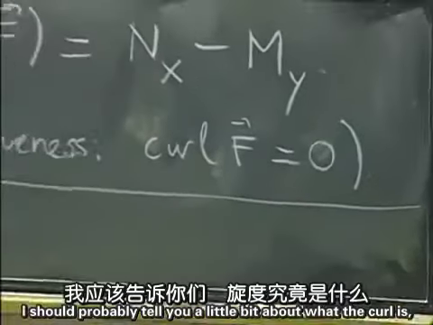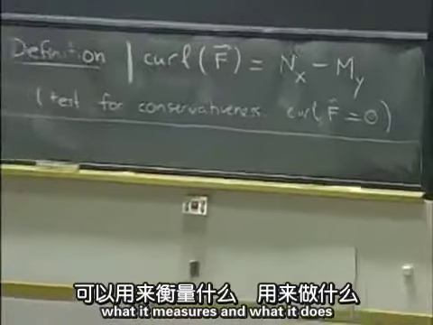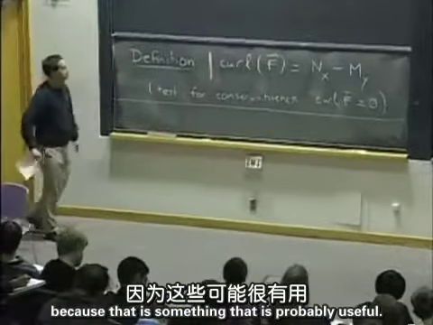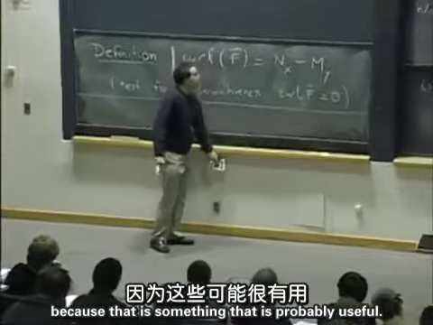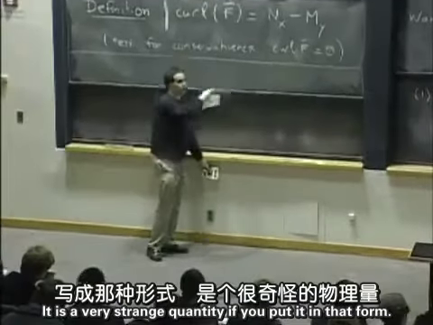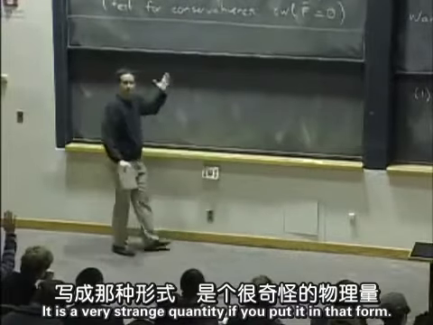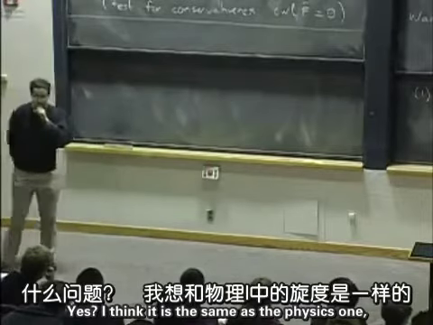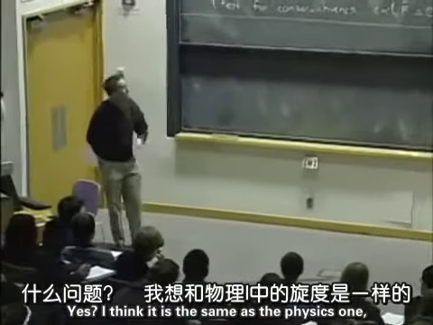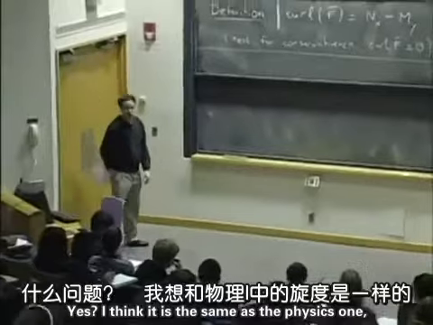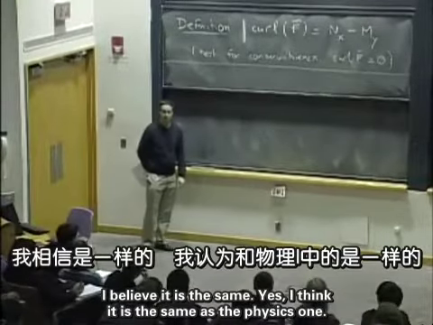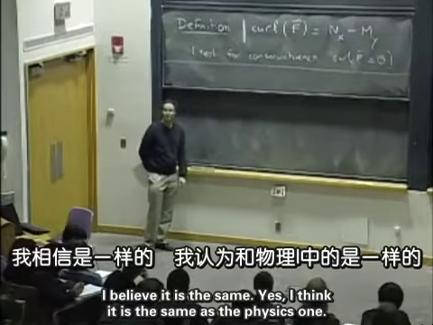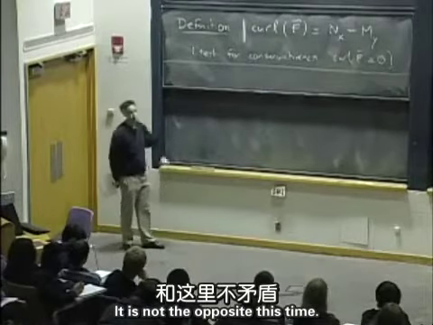So I should probably tell you a little bit about what the curl is, what it measures, what it does, because that's something that's probably useful. It's a very strange quantity if you put it in that form. I think it's the same as the physics one, but I haven't checked the physics textbook recently, but I believe it's the same. It's not the opposite this time.